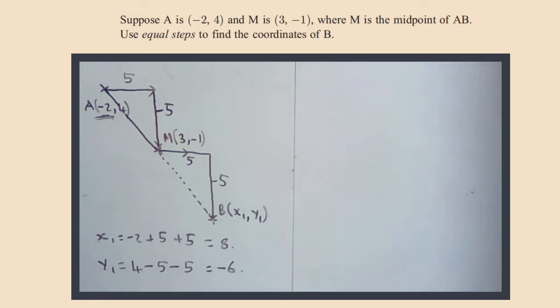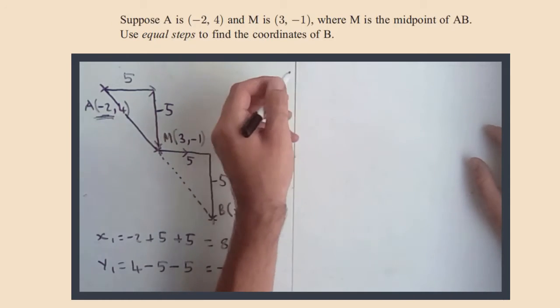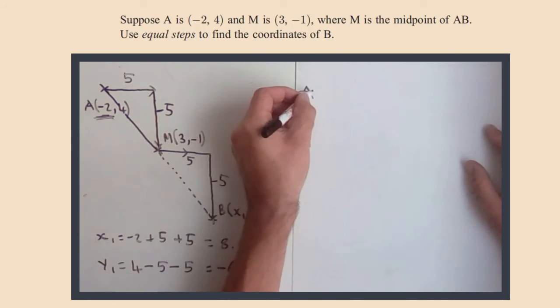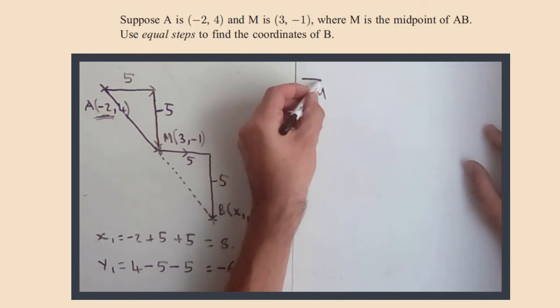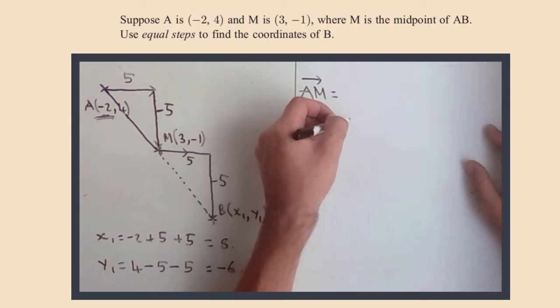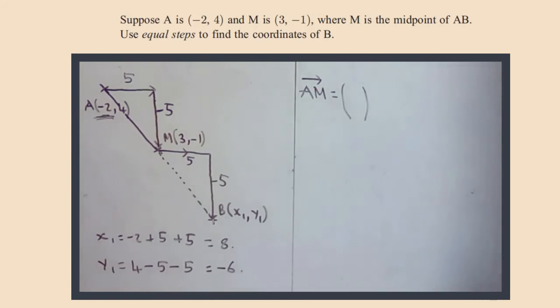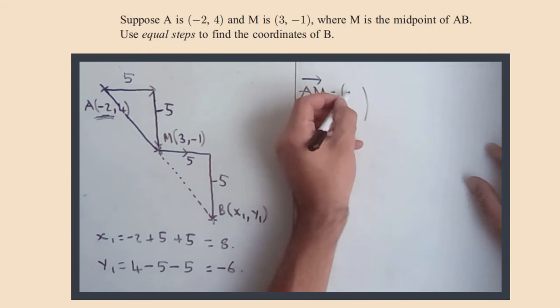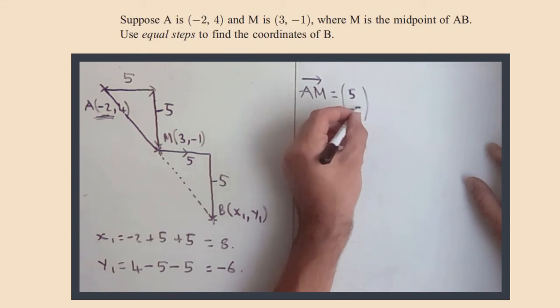Another thing we could have done, if you've seen vectors, which you will see maybe for translations, is think of the vector AM, to get from A to M. I'm just describing this using a vector. You do 5 across and 5 down, so 5 across would be 5 and 5 down would be -5.